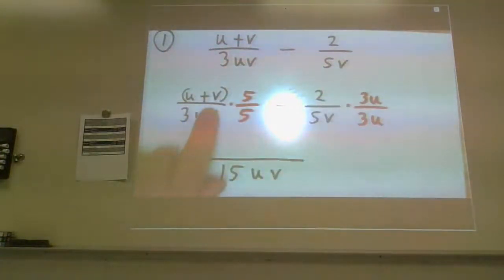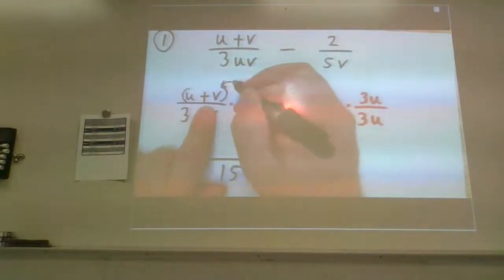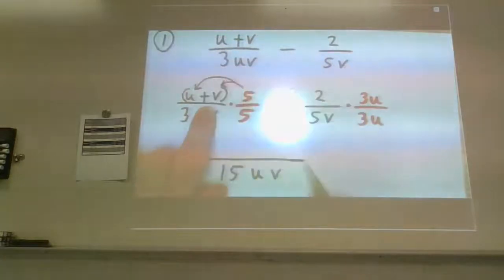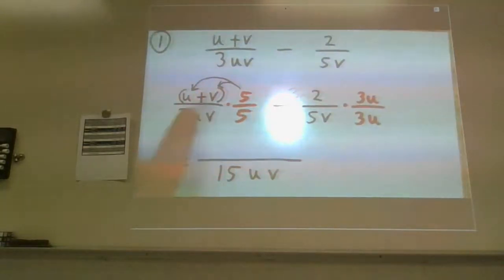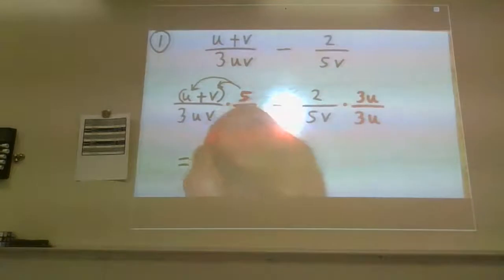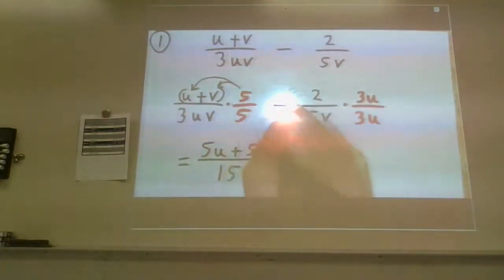You need to believe that there are parentheses around that numerator, u plus v. And as a result of there being parentheses around that u plus v, you have to realize that that 5 is being distributed. When that multiplication takes place, you're going to get 5u plus 5v.